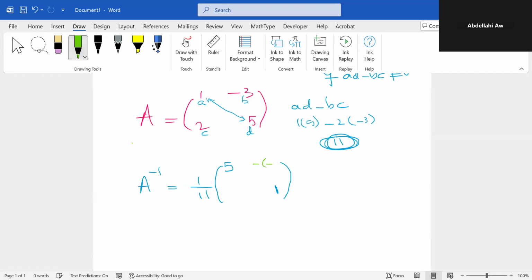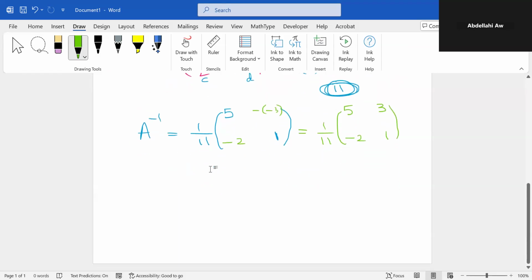It's going to be 3 and -2, which ends up as 1 over 11 times the matrix 5, 3, -2, 1. If you wish, you can leave the 1 over 11 outside of the matrix, or you can put it inside of the matrix. So it's going to be 5 over 11, 3 over 11, negative 2 over 11, and 1 over 11.